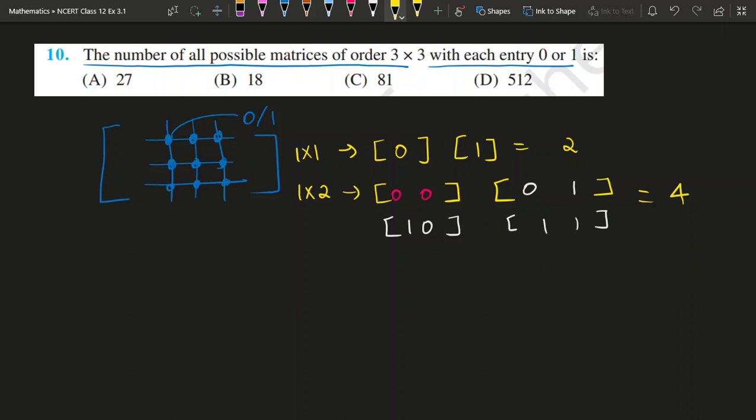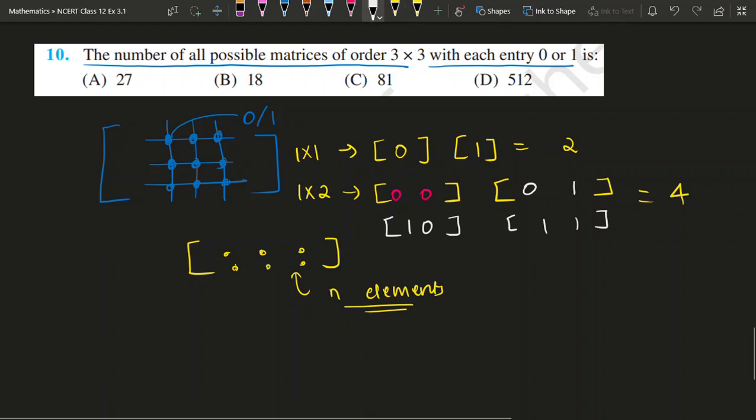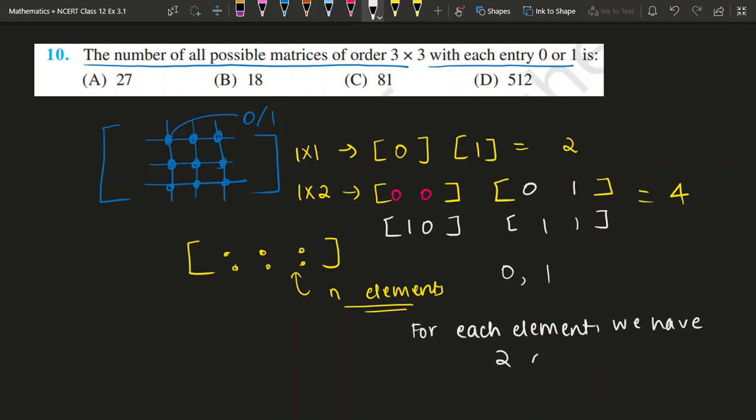So basically the trend here is that if you have n elements in your matrix, then for all of those elements, you would either fill 0 or 1. So for each element, you have 2 choices.